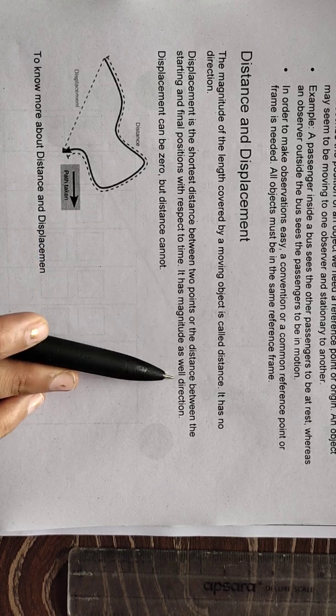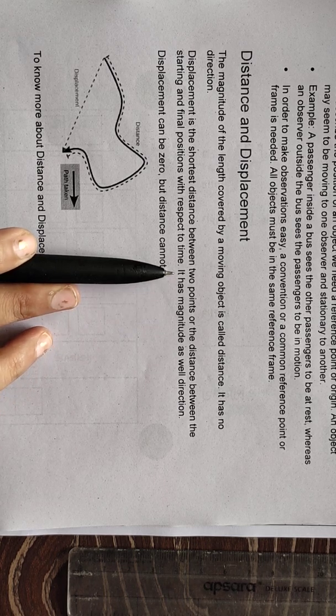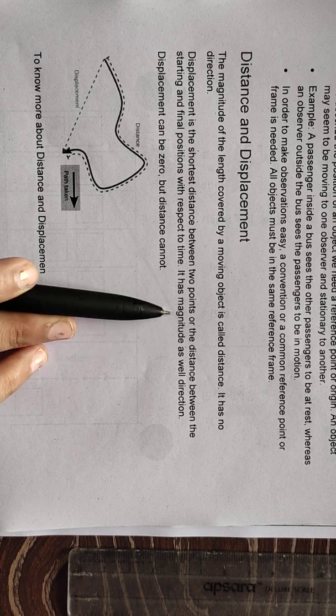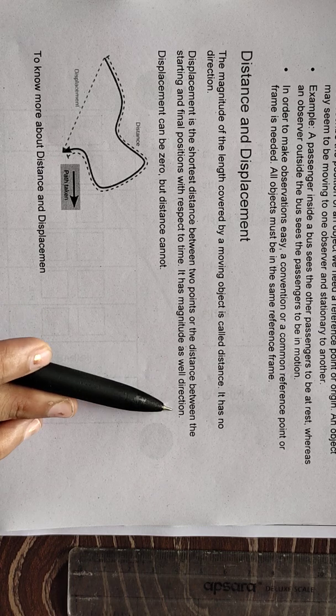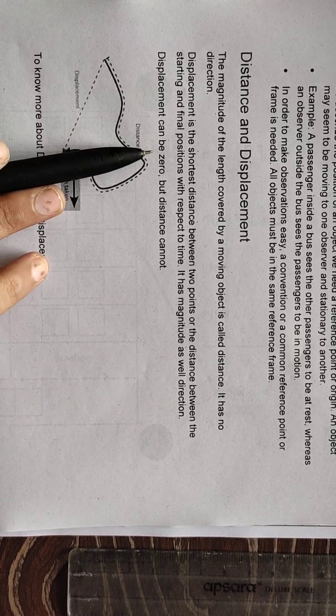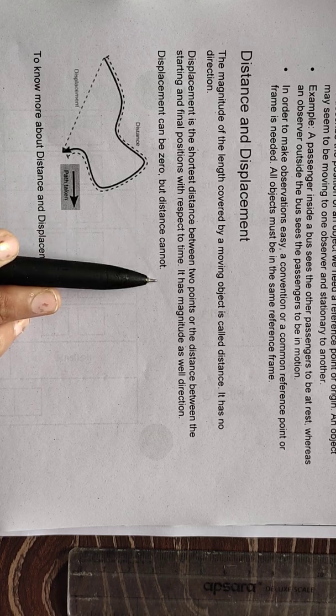It has magnitude as well as direction. That means while defining displacement, you will require its magnitude, that is its value, as well as the direction, right? So displacement can be 0, but distance cannot be 0.